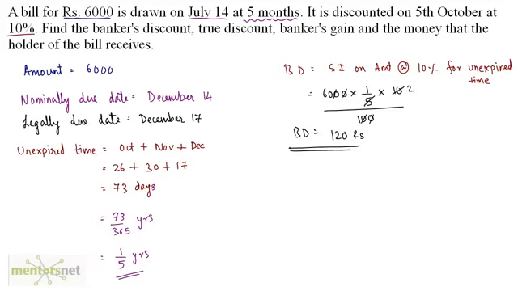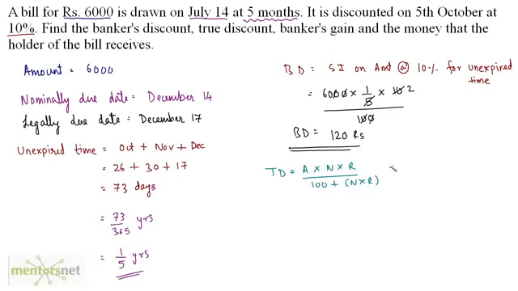Now you need to calculate true discount. This true discount will be calculated on the amount of 6,000 rupees, right? So you know the formula for true discount. That is amount times n times r upon 100 plus n times r, right?